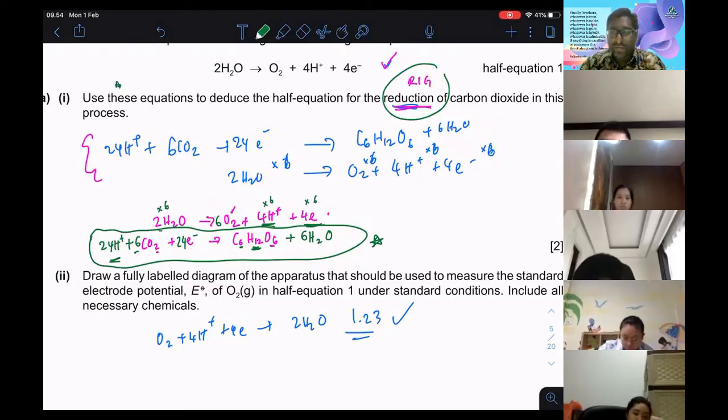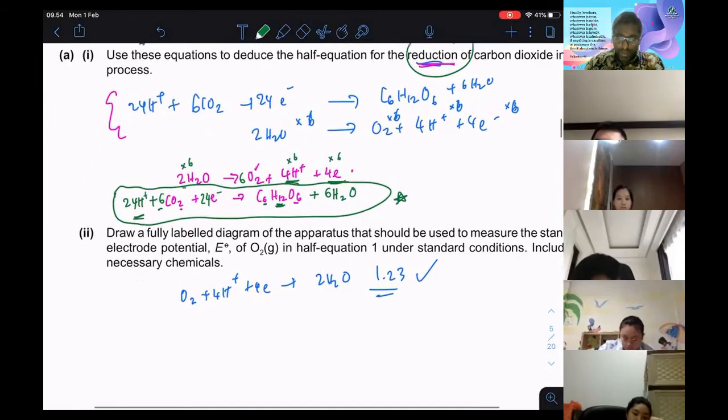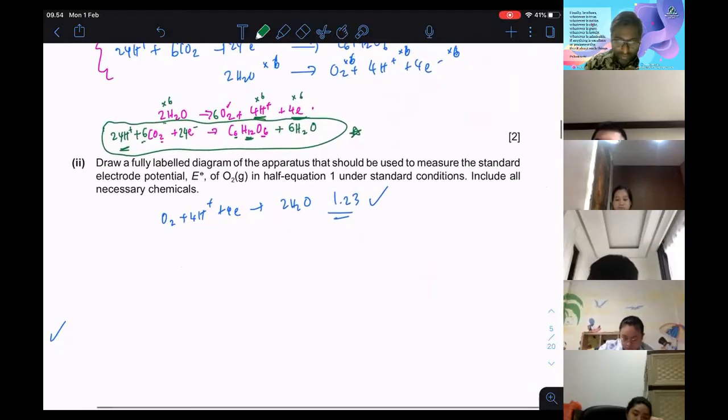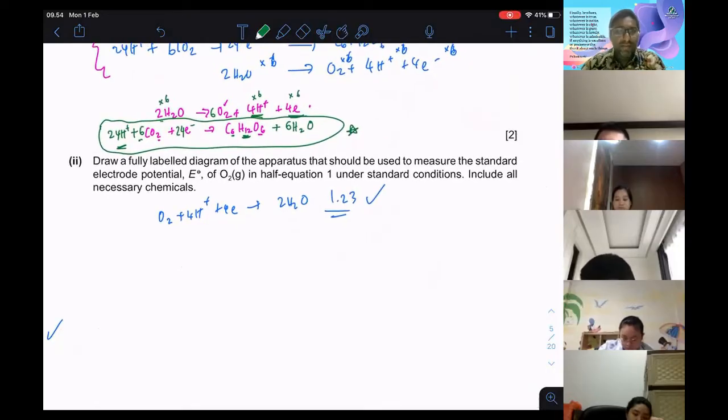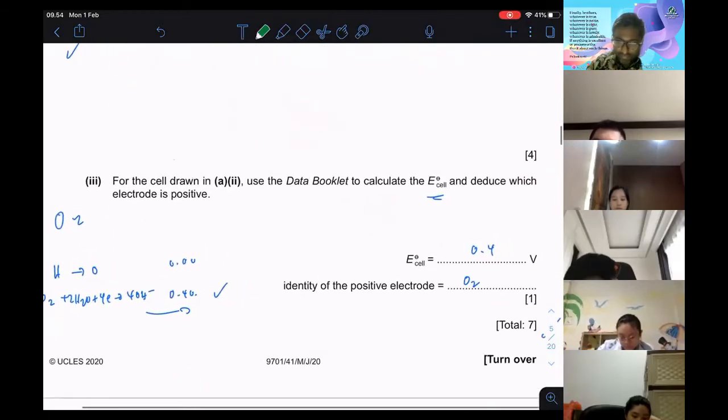So here, you don't waste time looking at the data booklet, it's not there. But don't expect them to tell you every single thing, especially when it comes to measuring standard electrode potential. Sometimes they will tell you to refer to the data booklet, but it is understood that if they are asking you to calculate standard electrode potential, you need to refer to the data booklet. So let us see whether they say refer to the data booklet.